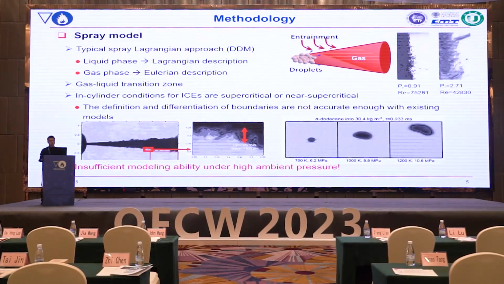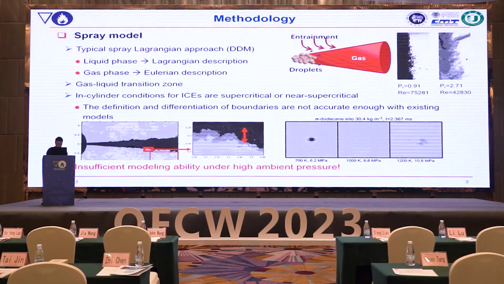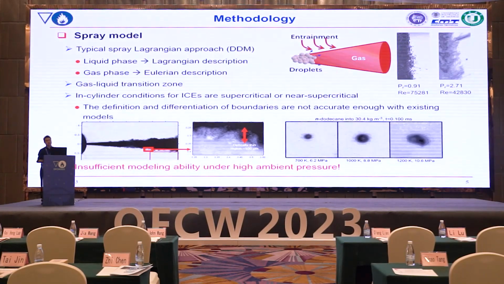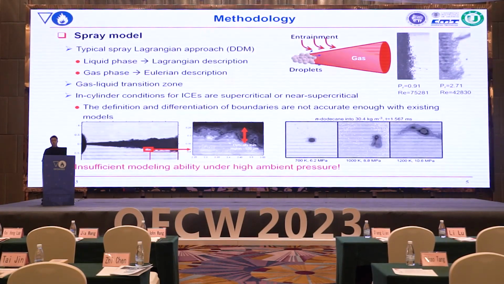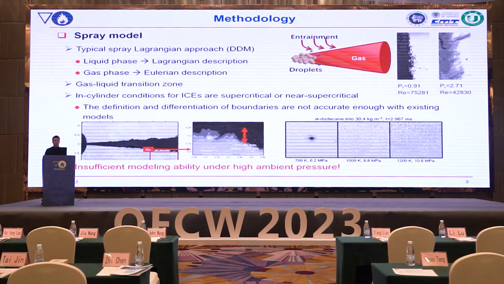So let's move to the spray model first. As we know, the diesel spray model has been carried out by means of the DDM method for more than 30 years. In this approach, for the liquid phase we use Lagrangian discretization, but for the gas phase we use Eulerian discretization.